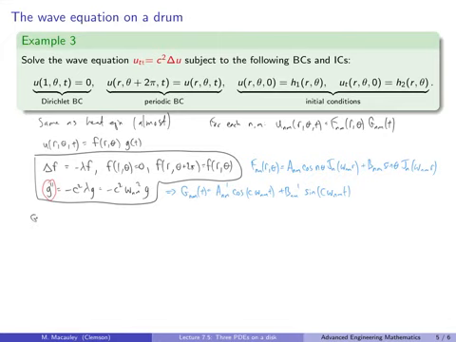So the general solution, it's not going to be actually that bad, or I don't think it is. u of r, theta, t is the sum from n equals 0 to infinity and from m equals 1 to infinity of u nm of r, theta, t.